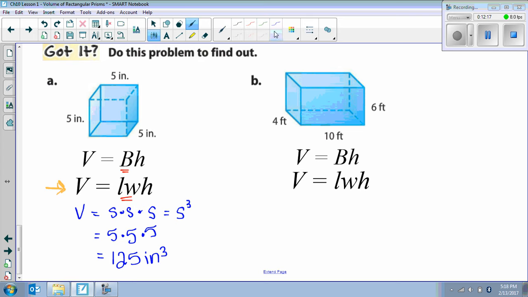So once you've written your formula, now you're going to do your substitution. So the length is equal to 10, the width is equal to 4, and the height is equal to 6. And now you just multiply. So 10 times 4 is 40, times 6 is 240 feet cubed.